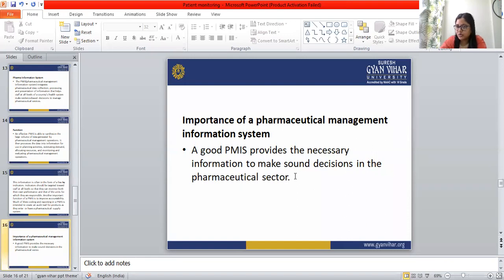A good pharmaceutical information system definitely provides the necessary information to make a sound decision in the pharmaceutical sector. So this is the importance of the pharmaceutical management information system.